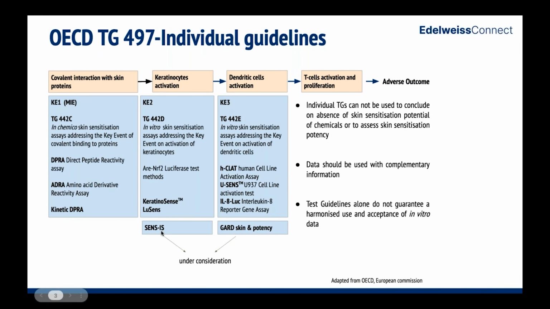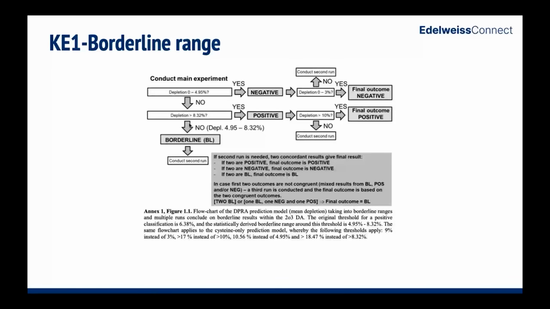However, up till now, these have not been introduced, but they would be approved within TG497. The different assays are already published, so their borderline range as well as the applicability domain has also been passed to the new guideline TG497.